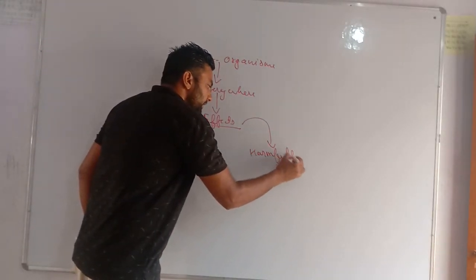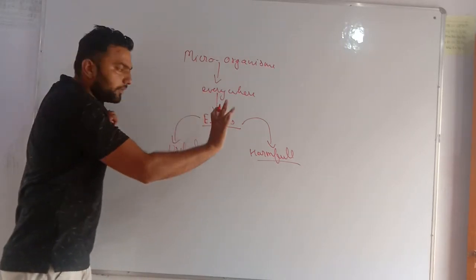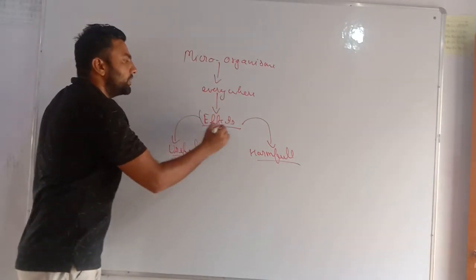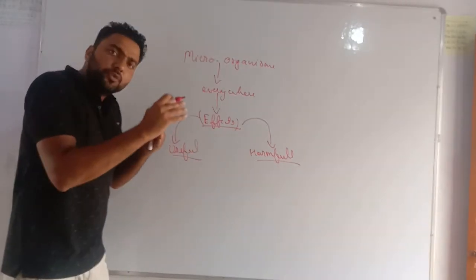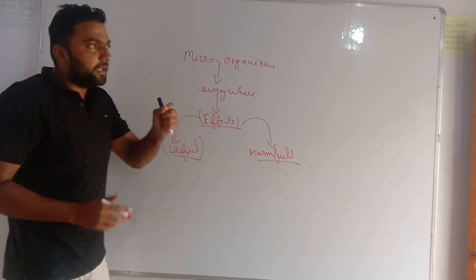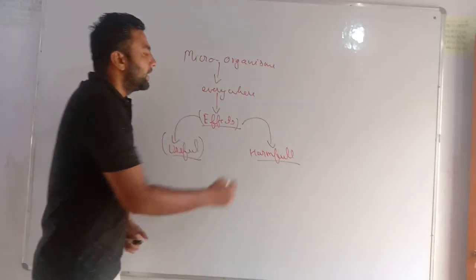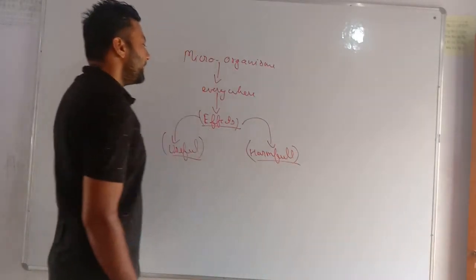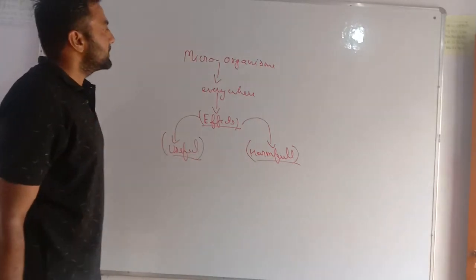I will fully explain, don't worry. Microorganisms are present everywhere and they show their effects. Somewhere the effect is useful, while the same or another effect may be harmful for me. So one by one we will see both useful and harmful effects of microorganisms.